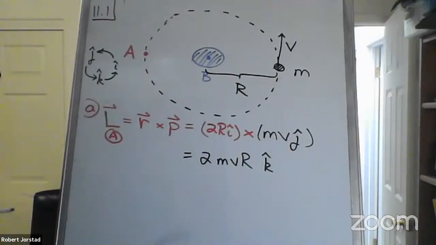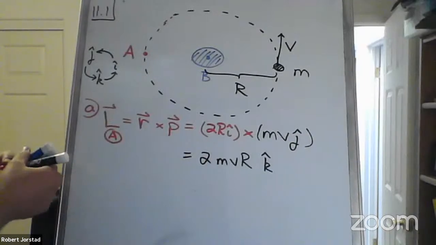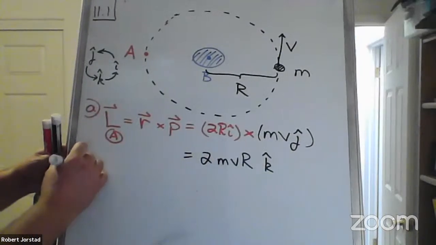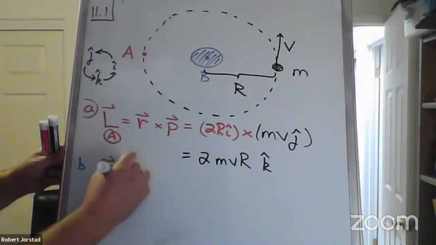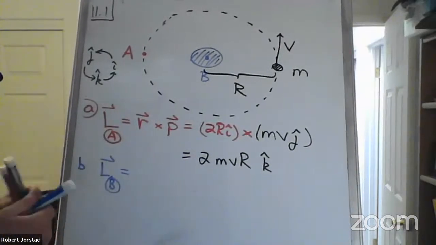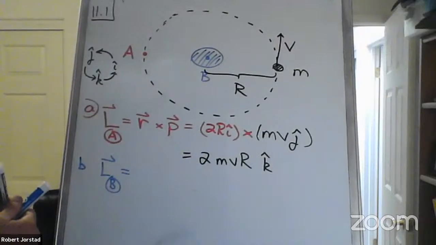Okay. So now what if I did this same calculation about point B? Would the radius vector be different? I'm going to color code this last one.